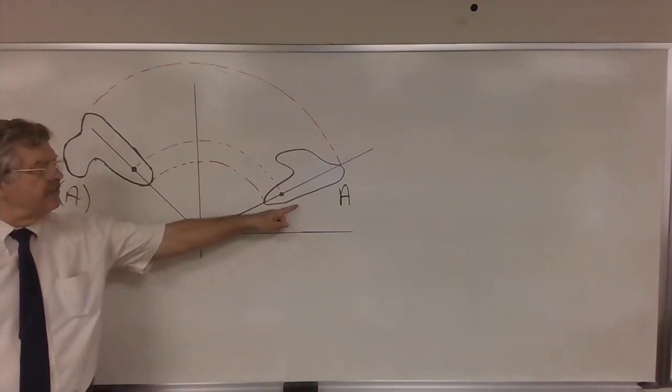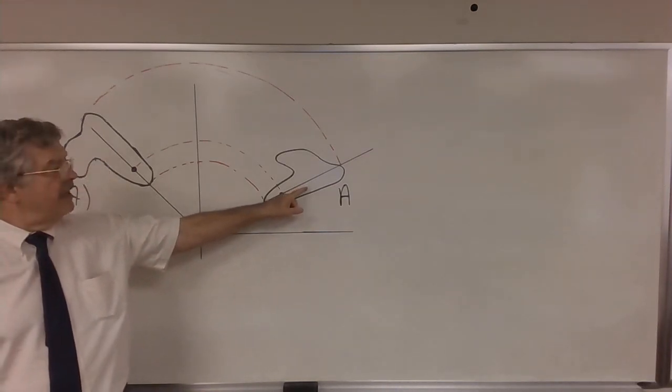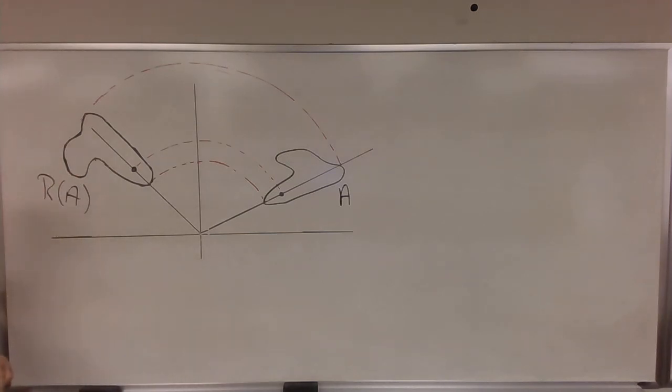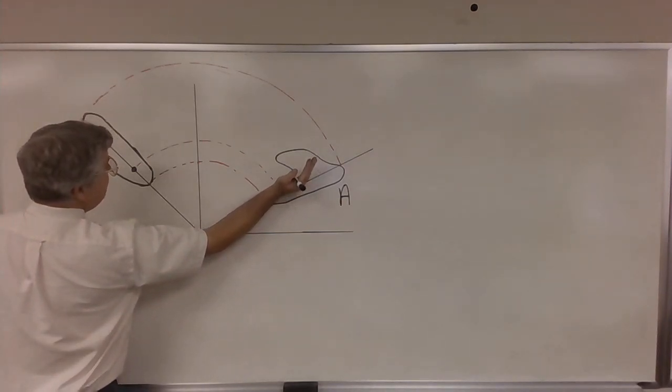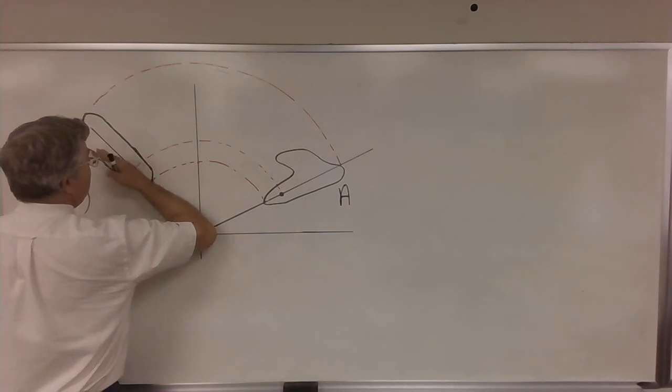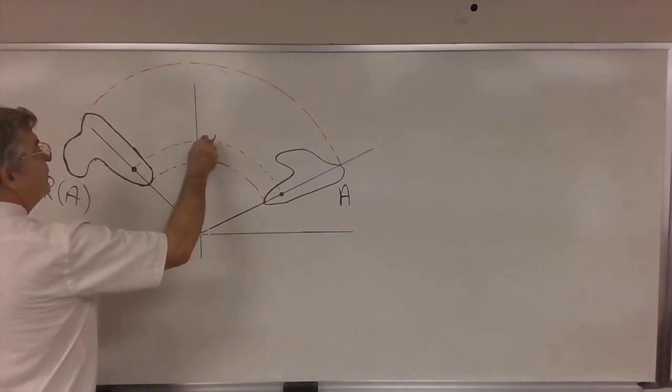So the image of a region, R of A, under a rotation, has the same size and shape as the original region. The only difference really is that the region is rotated about the origin by an angle of alpha, and that gives us the image of the region. Same size and shape, just rotated about the origin by an angle of alpha.